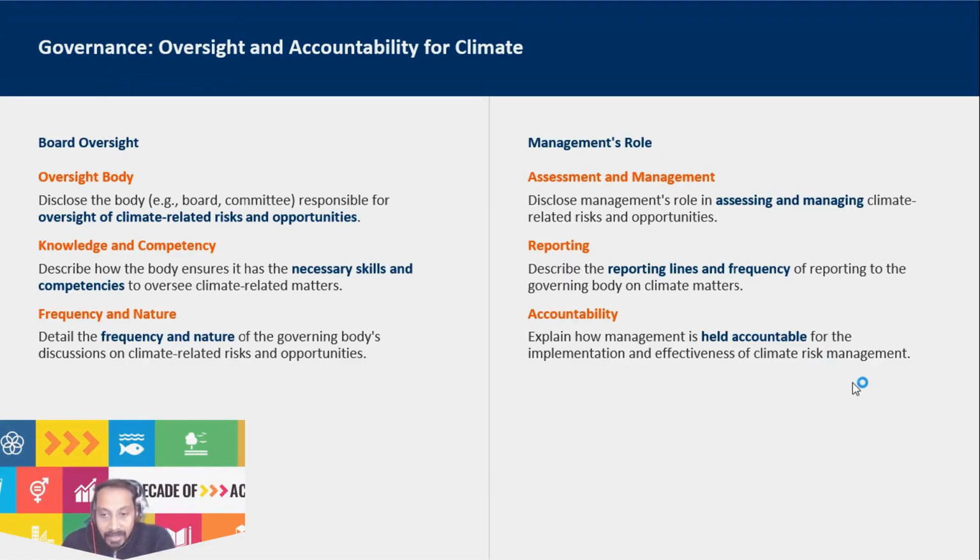And the second side is the senior management, which is about the execution on the ground. So who is responsible for the daily assessment, for example, of metrics like GHG emissions scope 1 to 3? Who is appointed for those kinds of risks? How are they held accountable for the various types of management?